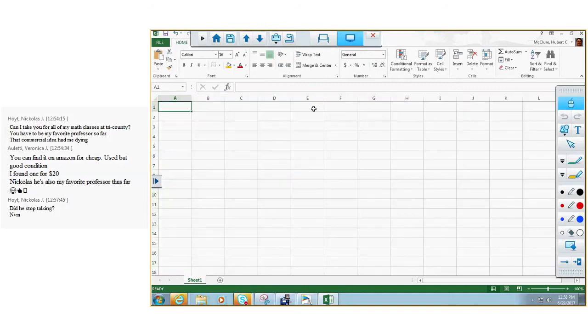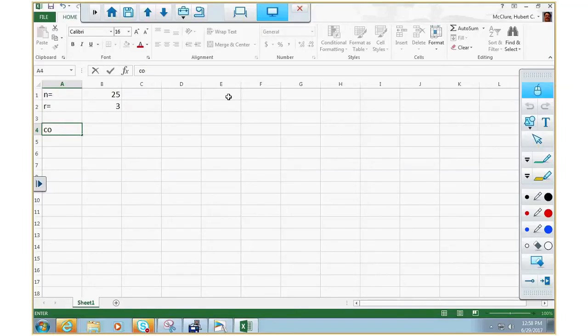Let's say I have n is equal to 25 and r is equal to 3. And I want to do a combination and a permutation.